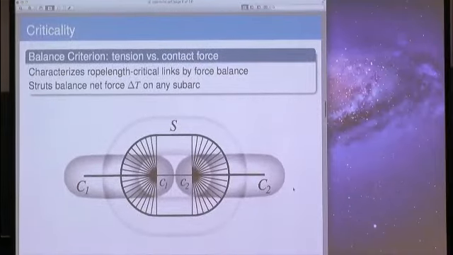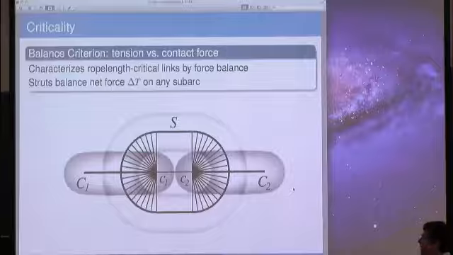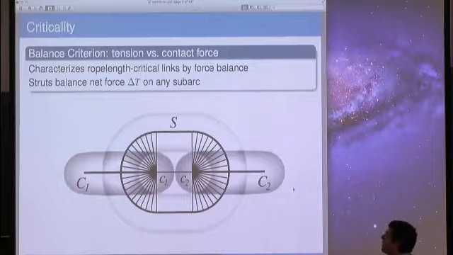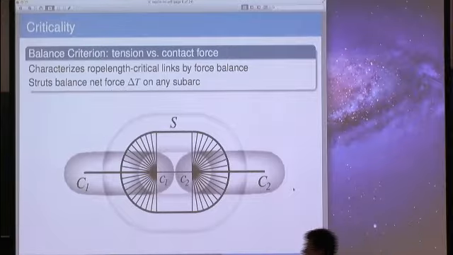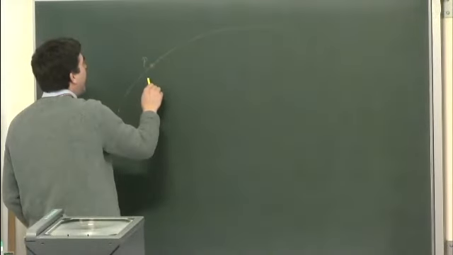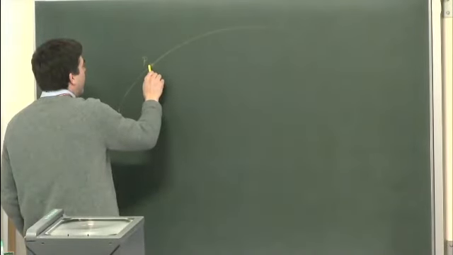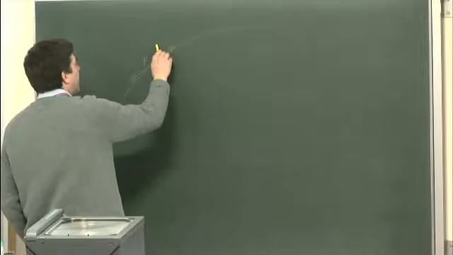And what I want to talk about today is criticality. What we have is a balance criterion making precise the intuitive idea that the tension force inside a component has to be balanced by contact forces. So maybe I'll just, there's a piece of chalk. If I have an arc of a curve here, and if I snipped it at some point P, then the net force that either side is exerting on the other is just the tangent vector.